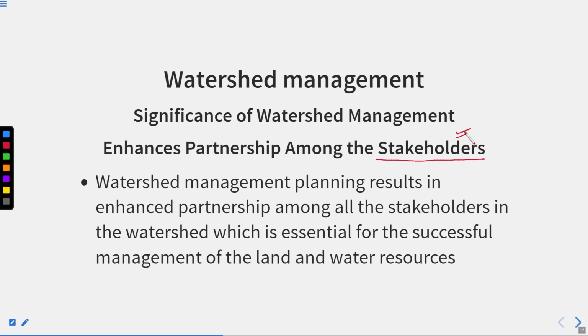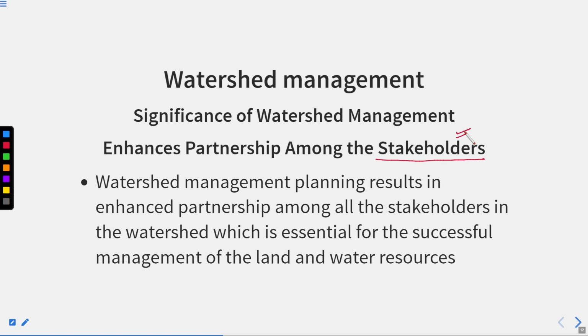The people who are living all along these watersheds are the stakeholders, because in these watersheds they are taking fishes, and they are using that water for agriculture practices. Sometimes they are also using water for drinking purposes, right? So these are called the stakeholders.